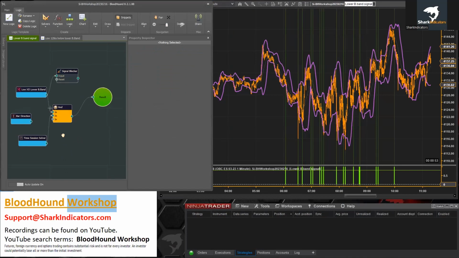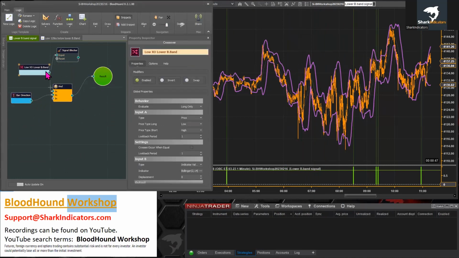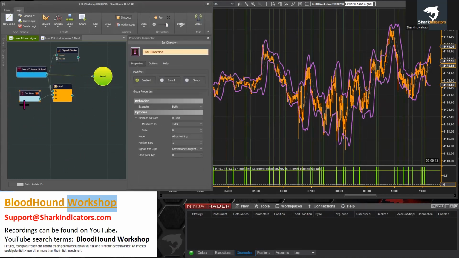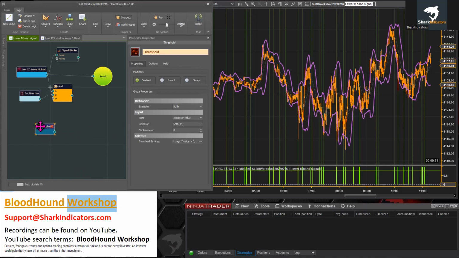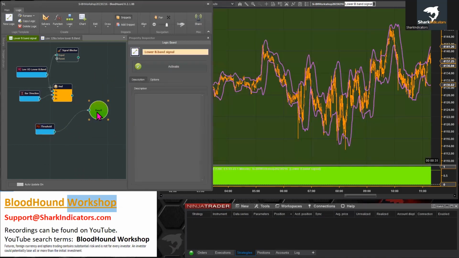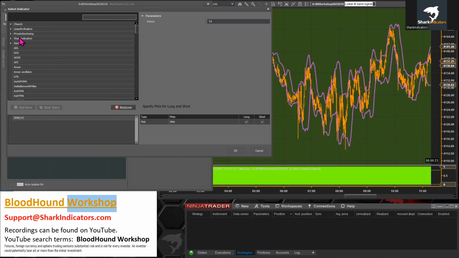With that indicator, actually, let me just delete that and connect that back up. I need a threshold solver. We're not going to see anything, but just to show you, so you know it's available.